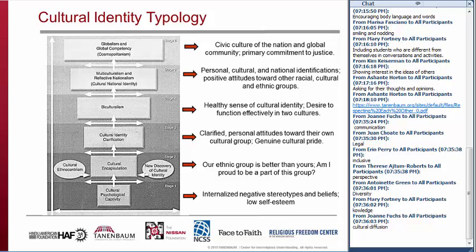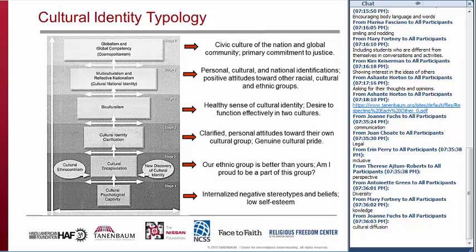There is a burgeoning sense of some pride within a cultural group, but it still is at the level of our group is better than yours. And there still is a question lurking in the background of, am I really proud to be a part of this group? So to a degree, the cultural pride is not firm. It's almost a little bit of bravado.